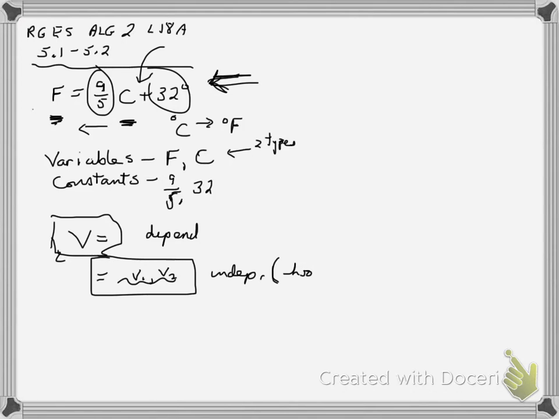I decide anything I want, and I plug it in. And then the one I calculate is called my dependent, because it depends on the values that I plug in here. So it's kind of a logical idea, I think.